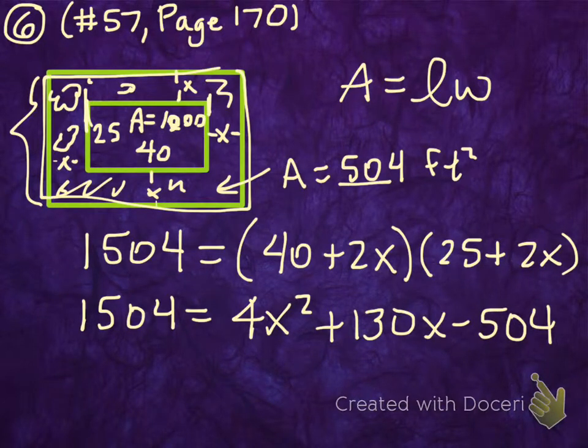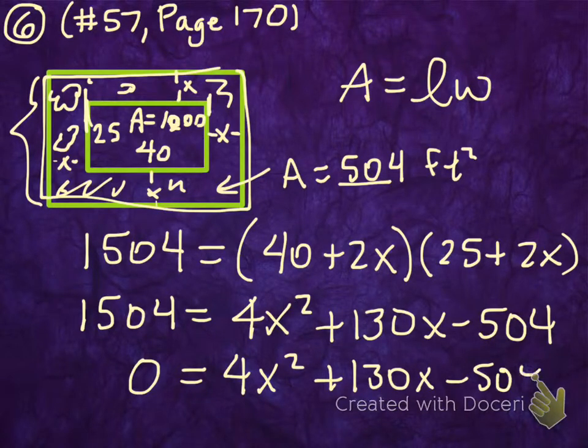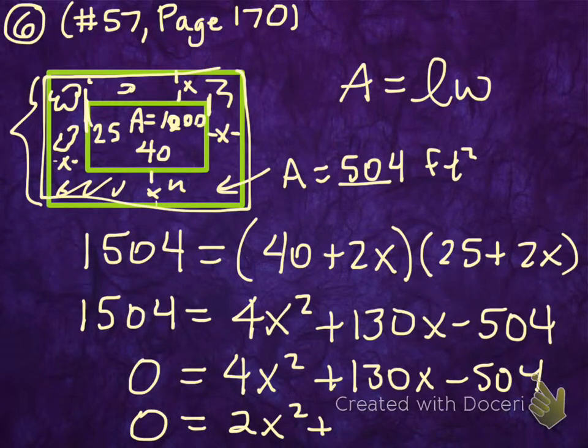Then, because it's quadratic, we can get all our terms on one side. So if we subtract that 1,504 over, we get 4x squared plus 130x minus 504. And then I would divide both sides by 2, just to make a cleaner version of the function, so you have fewer large numbers to deal with going to your calculator.